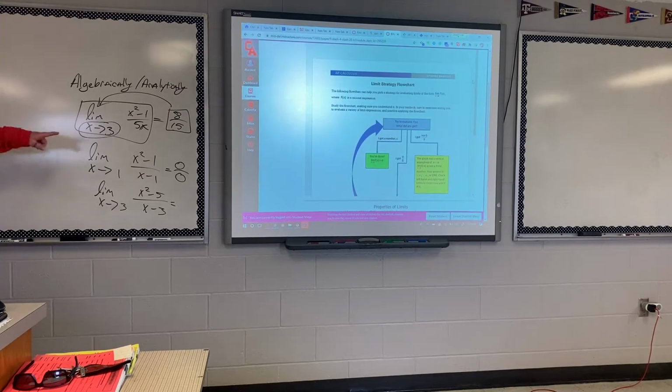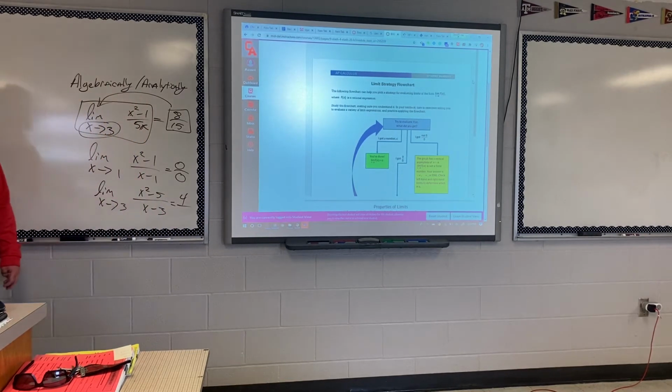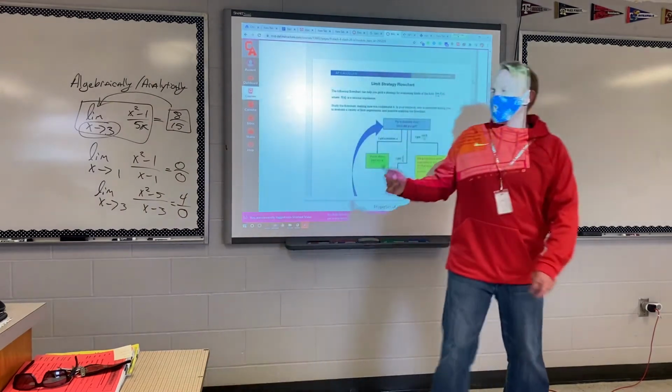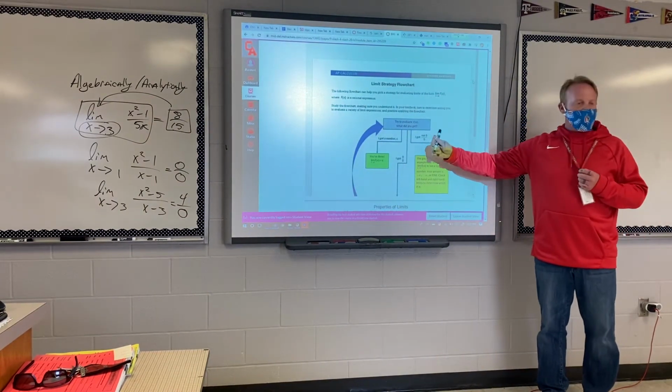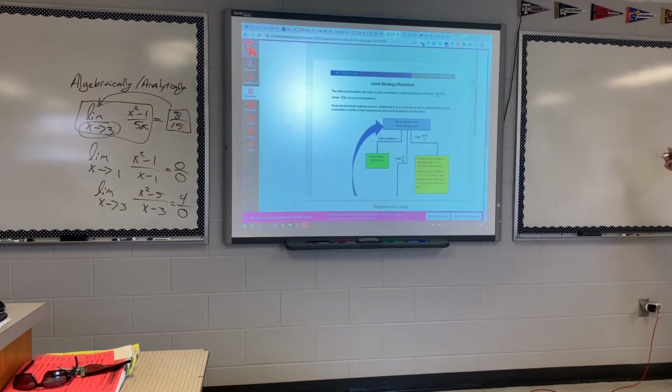What do I get when I plug 3 into the top? 4. What do I get when I plug 3 into the bottom? I get 0. So this is the situation where I have a number over 0.